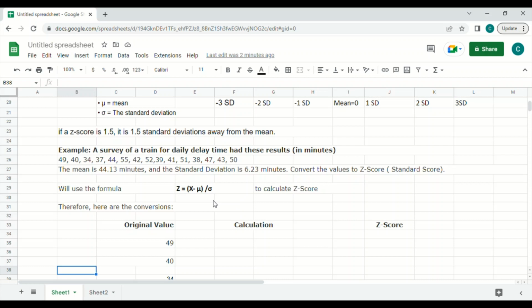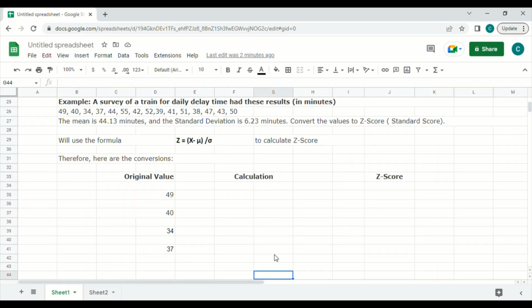We'll use the z-score formula, that is z equal to x minus mu upon sigma. I have taken the x values here. These all are x values, 49, 40, 34. I'll show you the calculation part here.